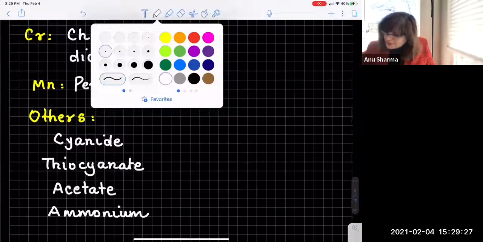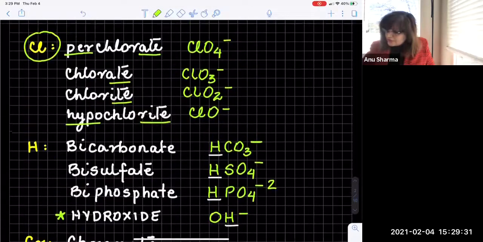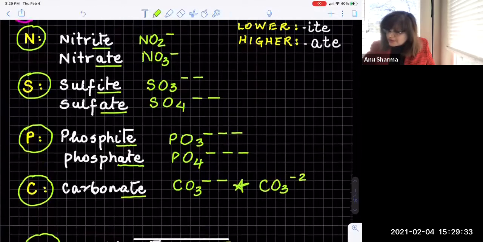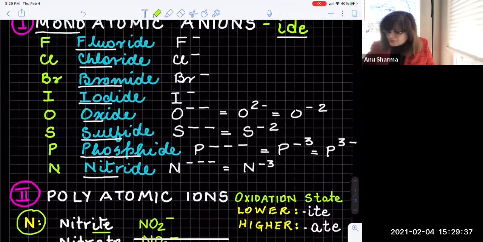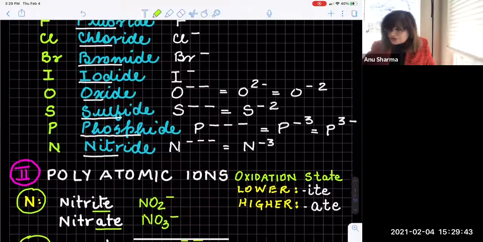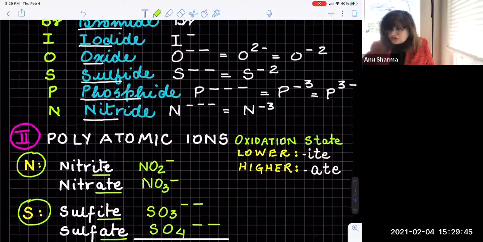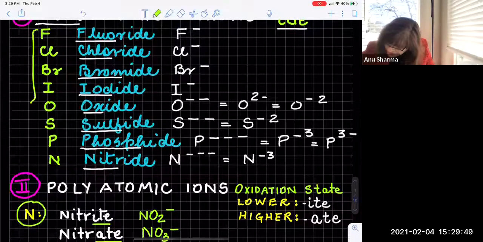We just now looked at the naming with respect to these, which were all non-metals. So basically these are all monoatomic anions. These are again non-metals: fluorine, chlorine, bromine, iodine, oxygen, sulfur, phosphorus, and nitrogen. These are all non-metals.